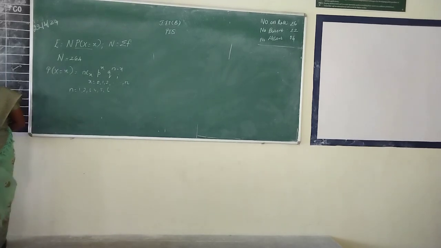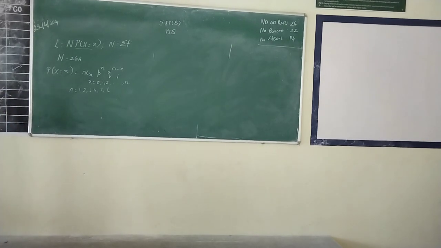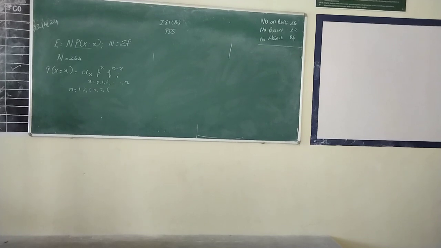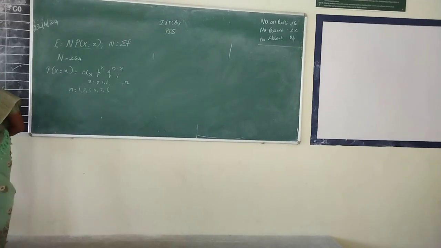So we are going to make use of the binomial distribution now. Last class I told you how to identify the n value. For binomial distribution, the n will be the last value which is given in the x. For Poisson distribution, you have to count the number of data given and fix it as the n value.